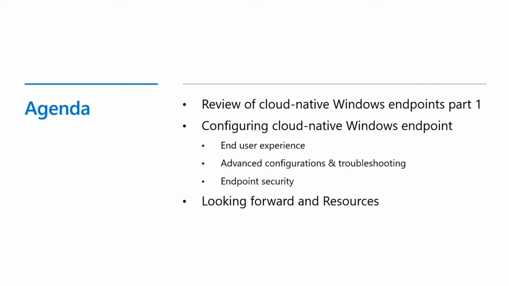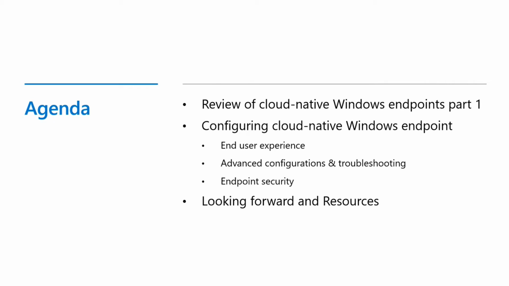We are going to review that a little bit, and then dive a little bit deeper. We'll talk about Win32 applications, and ensuring from an IT admin experience that we are deploying applications in the best possible manner, the most efficient manner for our end users. Then we'll talk about advanced configurations and troubleshooting.